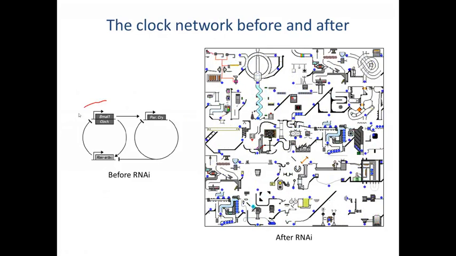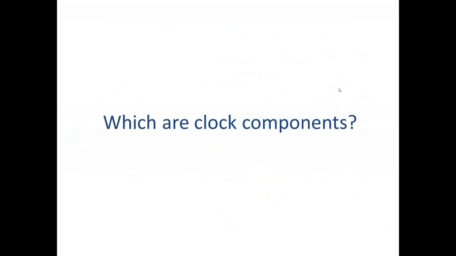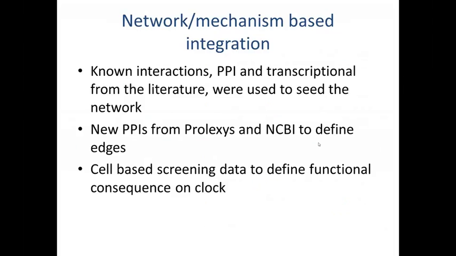This relatively straightforward core E-box loop and ROR box loop, which I did not mention. And after the screen, we have a much more complicated set of components that may be components of the clock or simple modulators. And so a very straightforward question is, which of these are clock components?